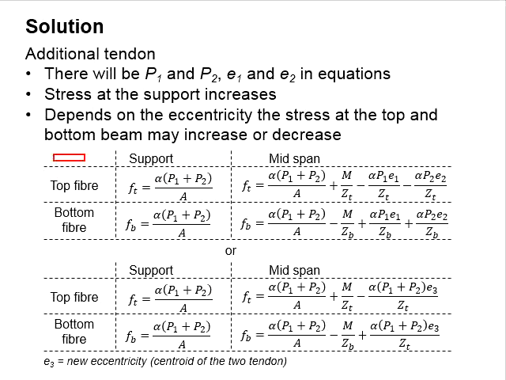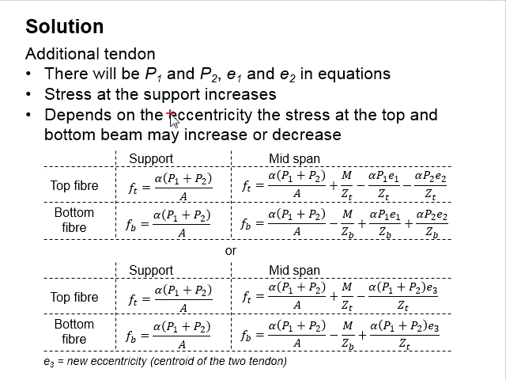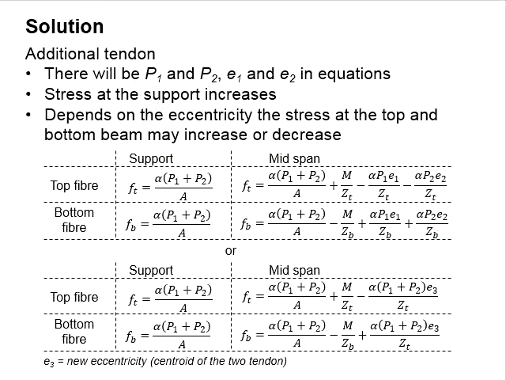And then, based on the equations that we have developed, we are able to observe the effects on the stress in the beam. When there is an additional tendon, that means there will be an increase of the prestressing load.